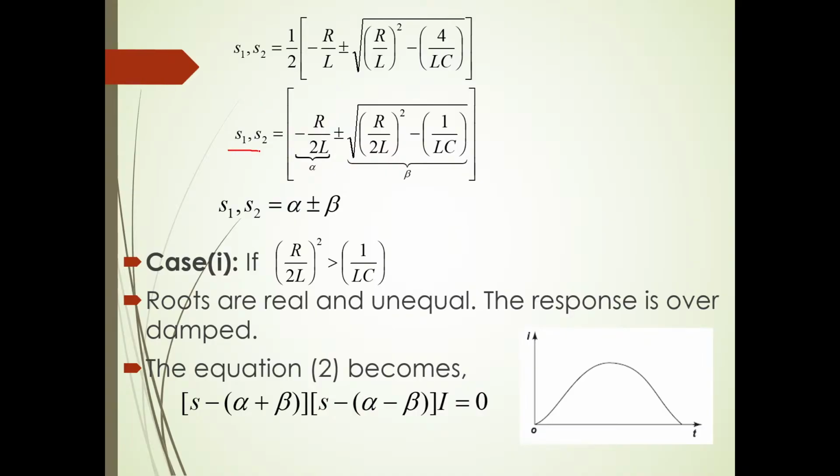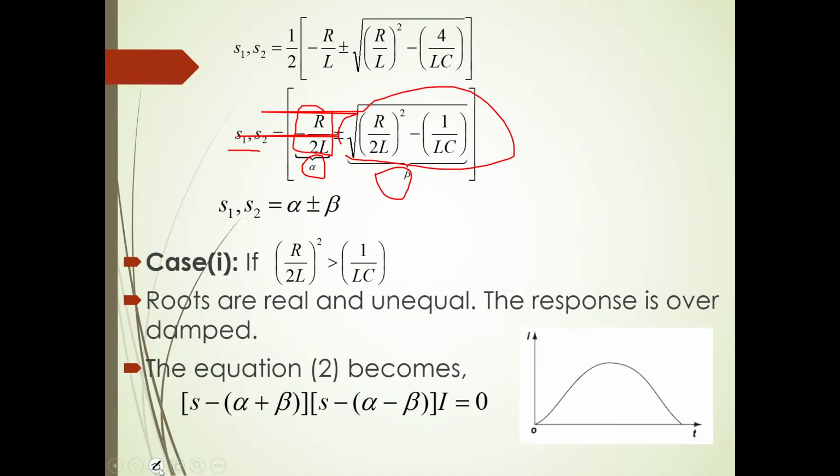So these roots s1, s2 are equal to minus r by 2l plus or minus root of (r by 2l) whole square minus 1 by LC. Now let us consider minus r divided by 2l to be denoted by some alpha, and this whole term which is within the root to be denoted by some beta.